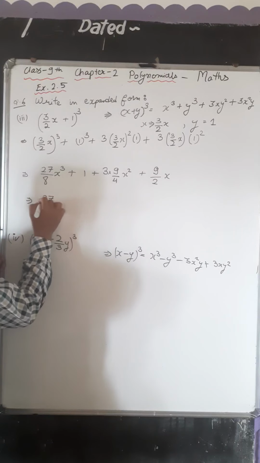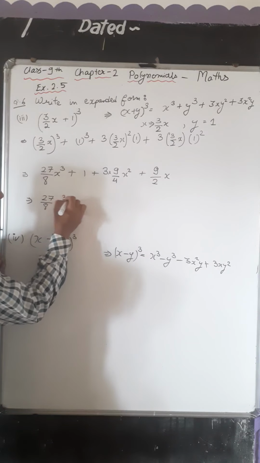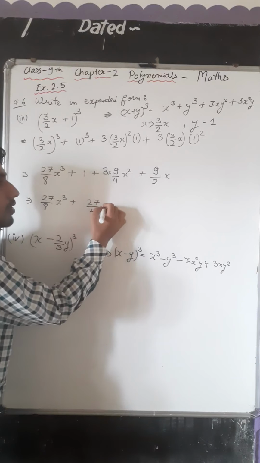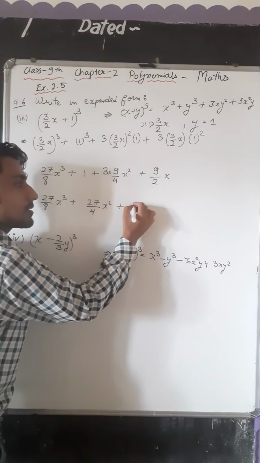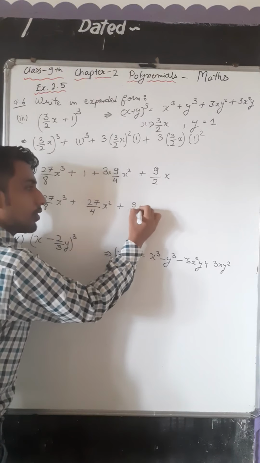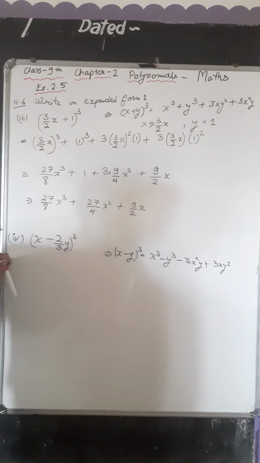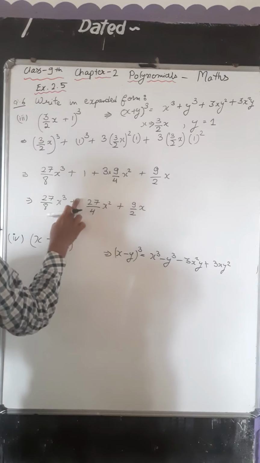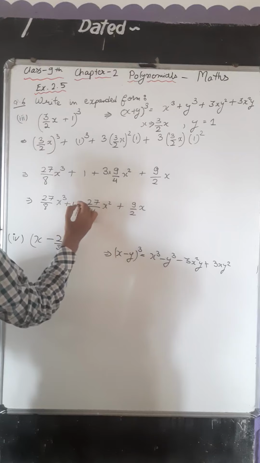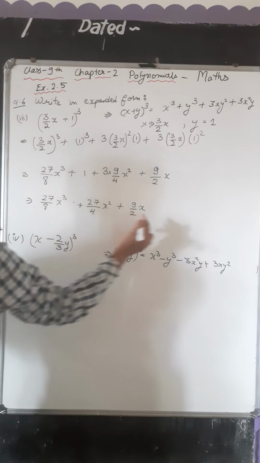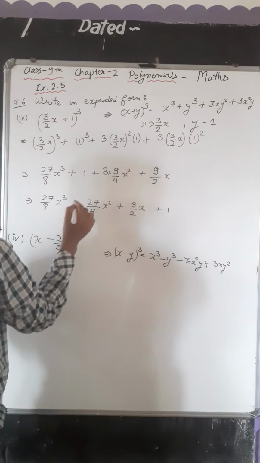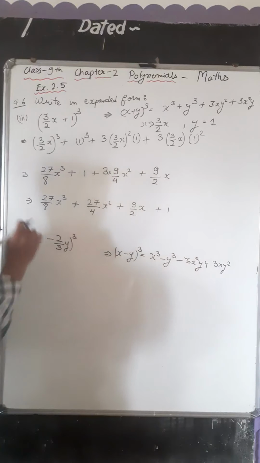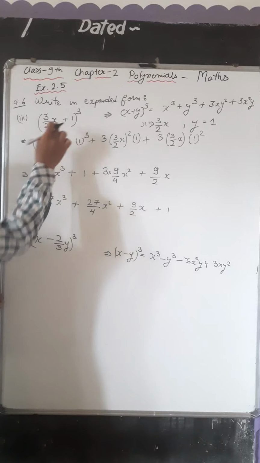You will get 27 upon 8 x cube plus 27 upon 4 x square plus 9 upon 2 x, and this term plus 1. I have written this plus 1 in the last. So this is the expanded form of this.